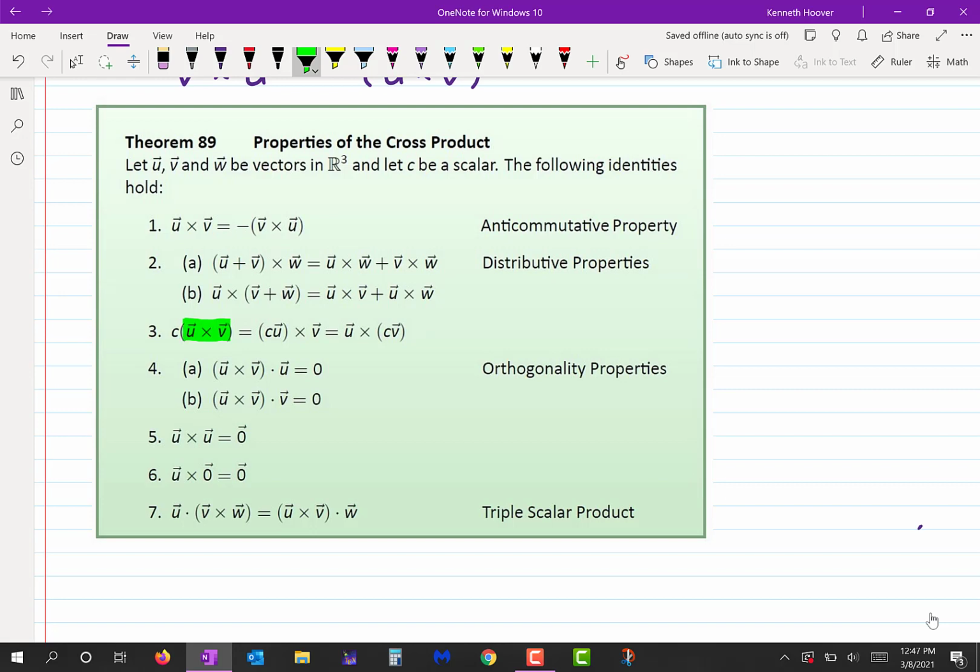You want to multiply that vector times a scalar? That's perfectly fine. You may choose to just take the first vector and multiply it times your scalar, and then do the cross product of that with v. Or multiply v times the scalar, and then do the cross product of u with that. All three of those will give you the same answer, so you can do it whichever of the three ways you want.